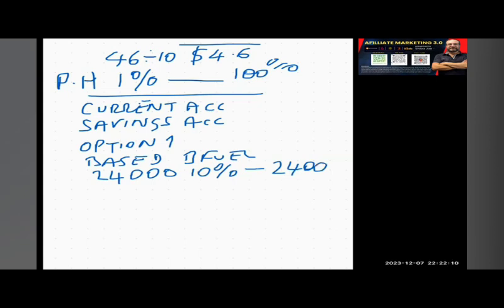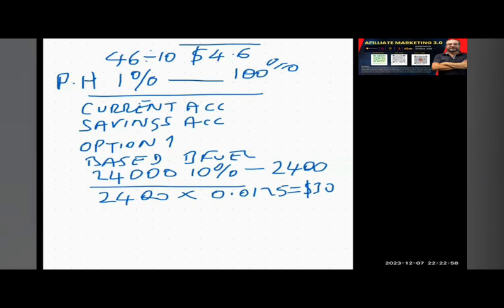The way you do that is you take your B fuel amount that you're going to harvest, 2,400, and you multiply that by 0.0125. So 2,400 times 0.0125 equals $30. So that's how you calculate it: if you're going to harvest 10% of your B fuel costs, that will give you $30.